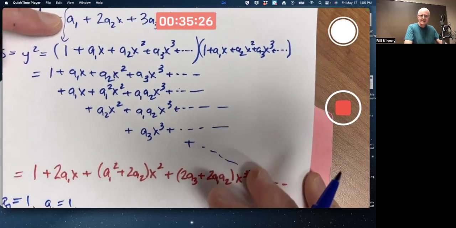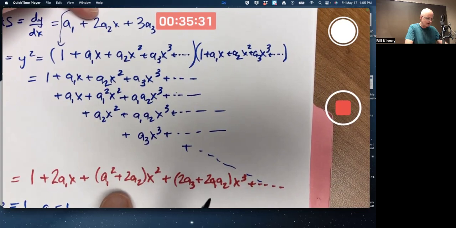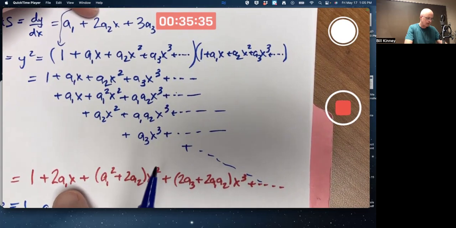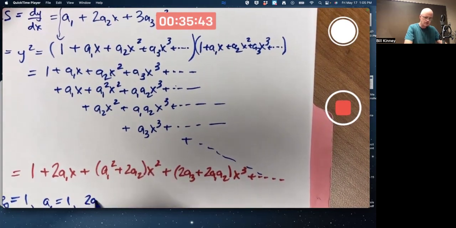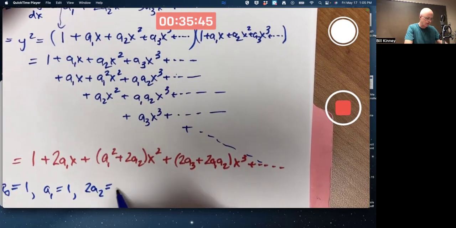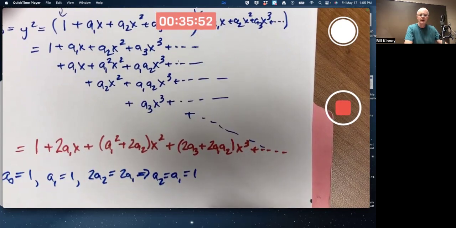Something else new is, careful, 2a2 must be 2a1. Look at the x terms. 2a2 must equal 2a1. In other words, a2 must equal a1, which is 1. Boy, we're getting a bunch of 1s here.